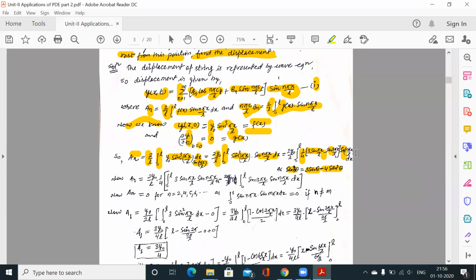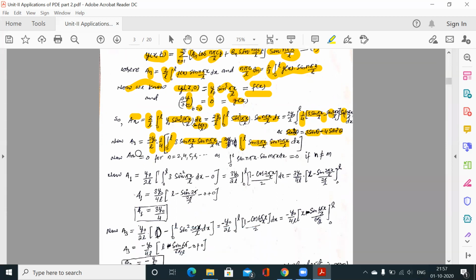Now multiply this term to this and to this, so we will get two terms, 2y0/l times 1/4 integral 0 to l. The first term is 3 sin(pi x/l) into sin(n pi x/l), minus again integral 0 to l, the second term sin(3 pi x/l) into sin(n pi x/l).